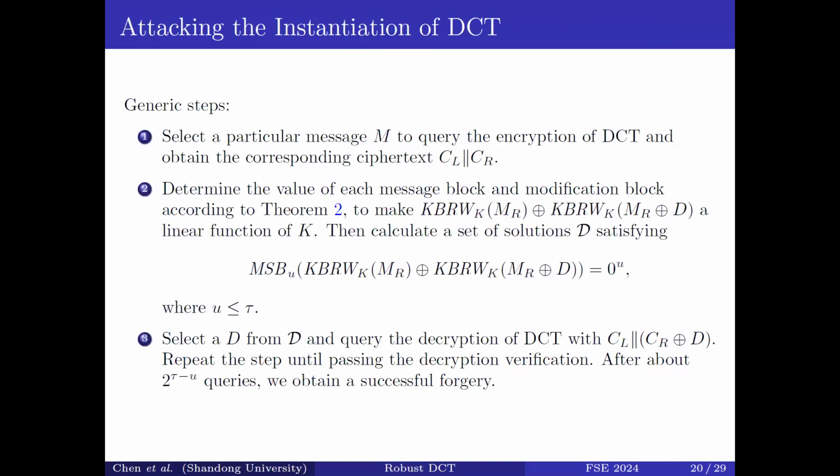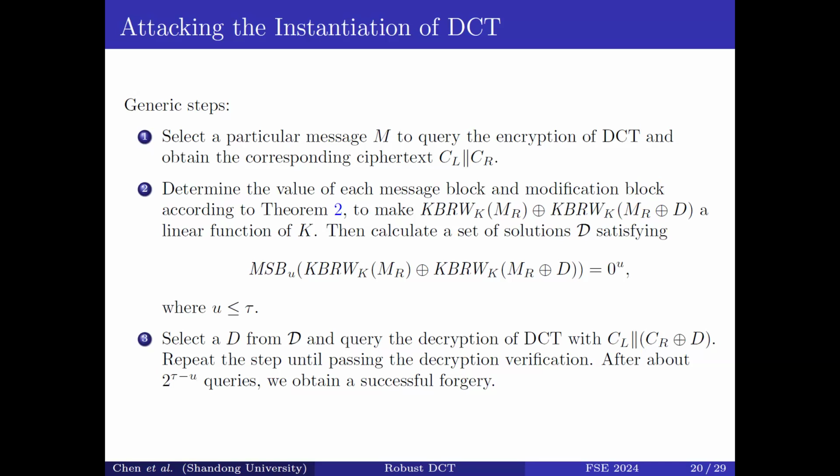So the general steps of our attack are as follows. First, we select a particular message M to query the scheme. And next, we consider the stretch separately. For the latter part of the stretch, we use the method according to Theorem 2.